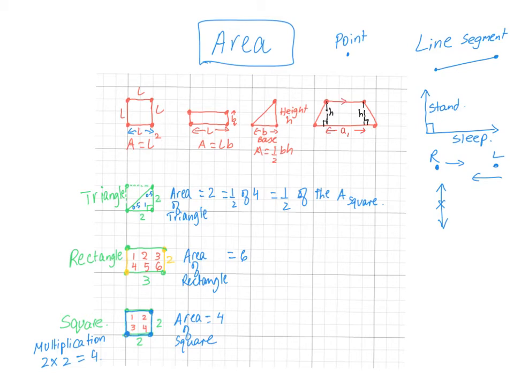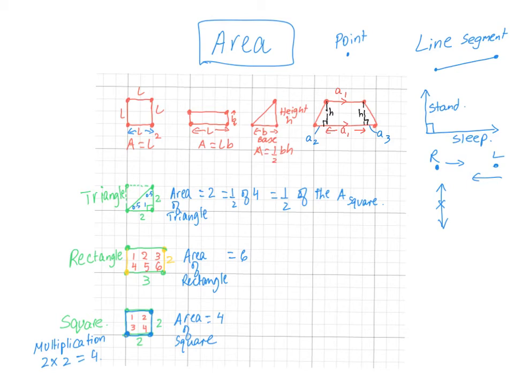So even this would be A1. These are always parallel in a trapezoid. Let's call this section A2 and this section A3, because we don't know. In this case, they're the same, but what if they were different? Okay, so we can describe the area.